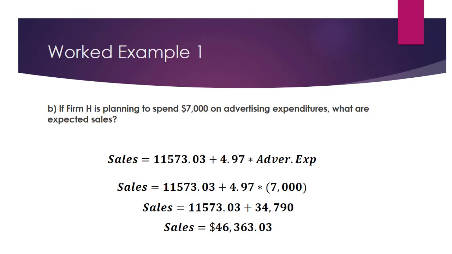So in this firm's case, we substitute $7,000 for advertising expenditures and the firm's estimated sales is 46,363.03. So based on the firm's level of advertising expenditures, we predict the sales to be close to $46,363. This is what we expect given the information we have.